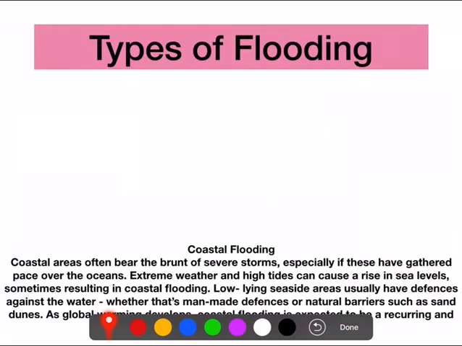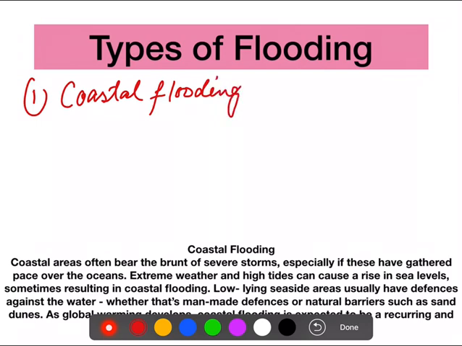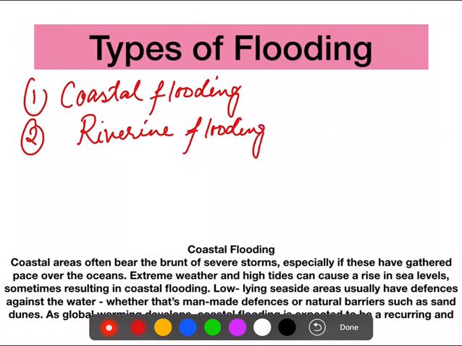Types of flooding. There are actually 5 types of flooding. Coastal flooding, for coastal areas. Riverine flooding, floods in rivers.